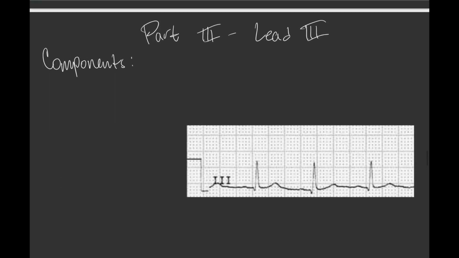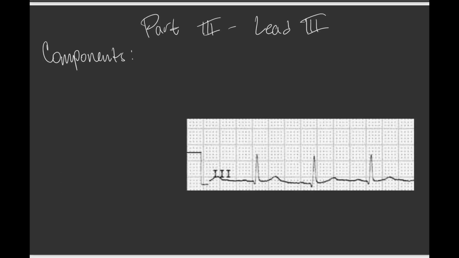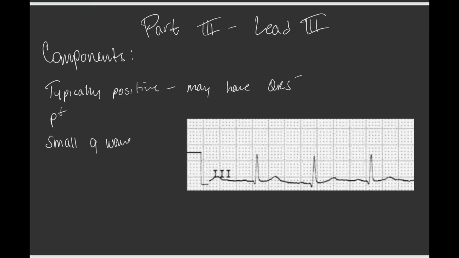Lead 3 has a little bit more variation than leads 1 and 2. It's typically positive, but may have a negative QRS component. The P wave is typically positive. Small Q waves are pretty common. And the T wave is positive.